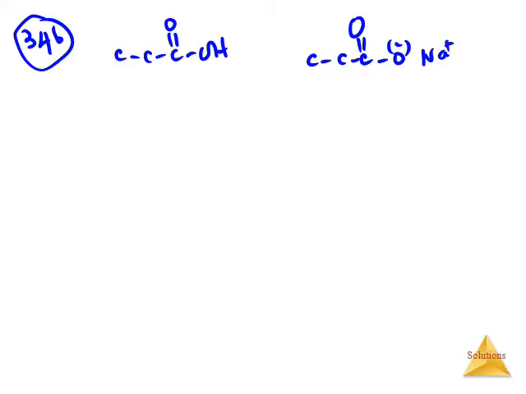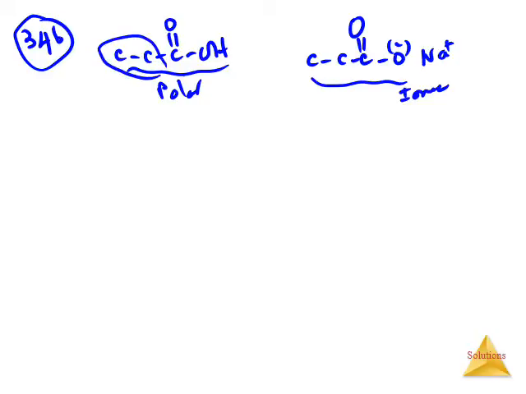So let's identify what kind of compound we have. This one is ionic, and the other one is polar. It can also give hydrogen bonding, but the only thing is it has these 2 carbons, which are a nonpolar alkyl group. So it has a polar end, but also a nonpolar alkyl group.